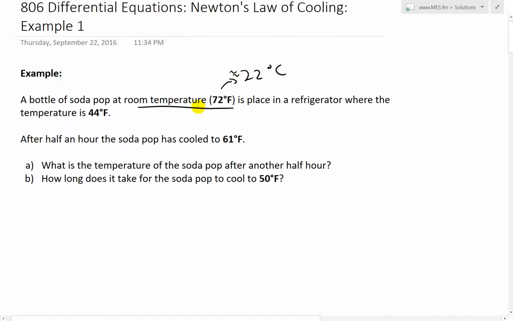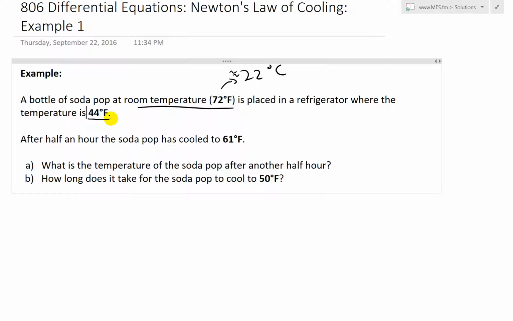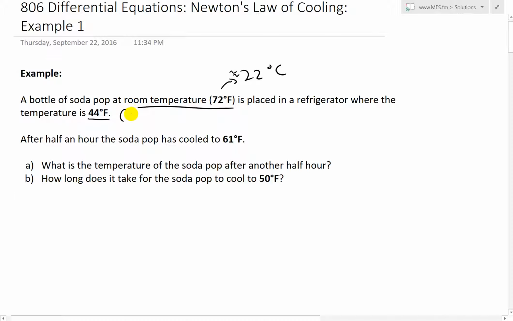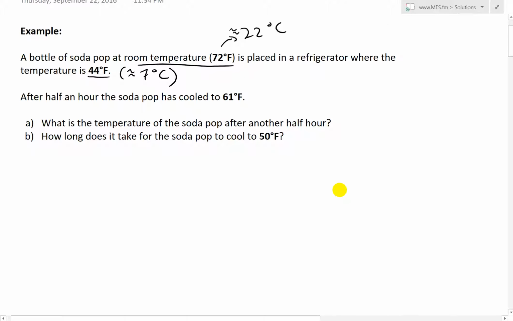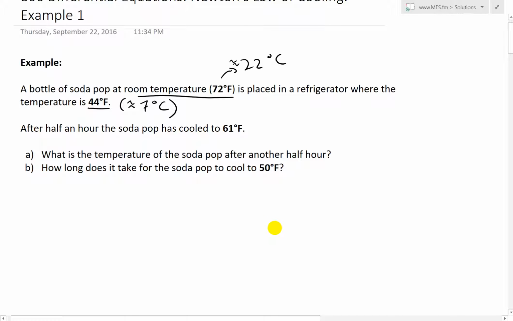It's placed in a refrigerator where the temperature is 44 degrees Fahrenheit, which is roughly 7 degrees Celsius, just to get an idea. I'm not too familiar with Fahrenheit, I use Celsius here in Canada.